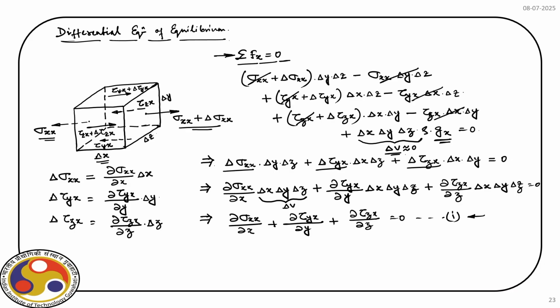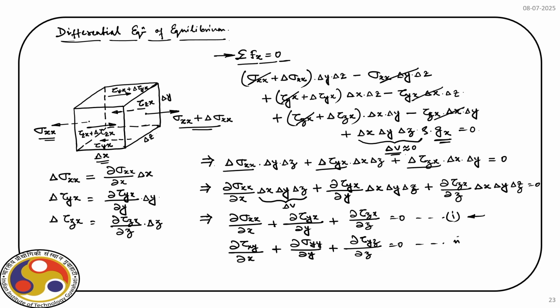So, the second equation of equilibrium is tau xy delta x plus sigma y plus tau yz is equal to 0.